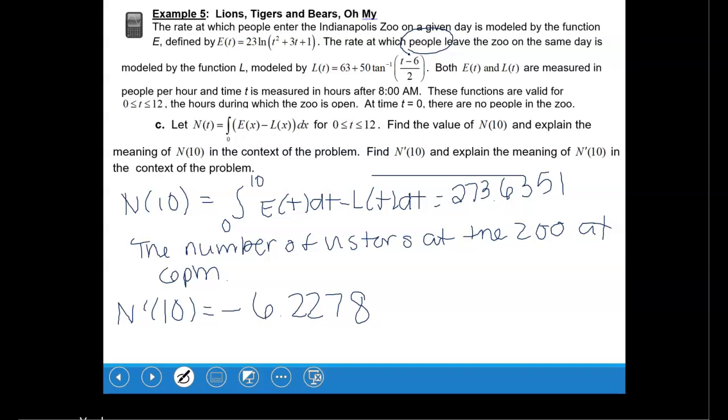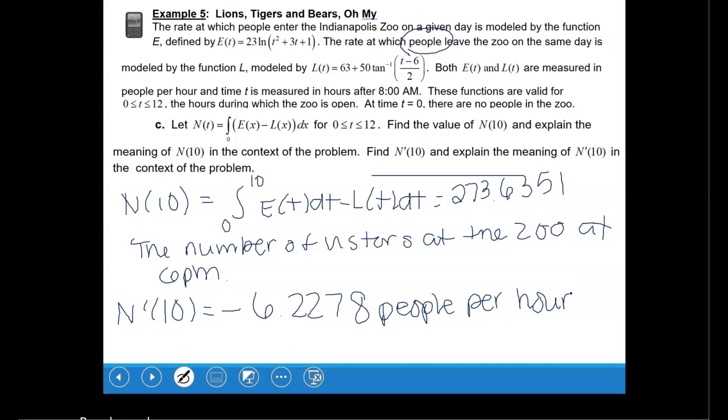So this means that people are leaving the zoo at 6 p.m. at 6 people per hour. So again, it means that the people are leaving the zoo at 6.228 people per hour at 6 p.m.